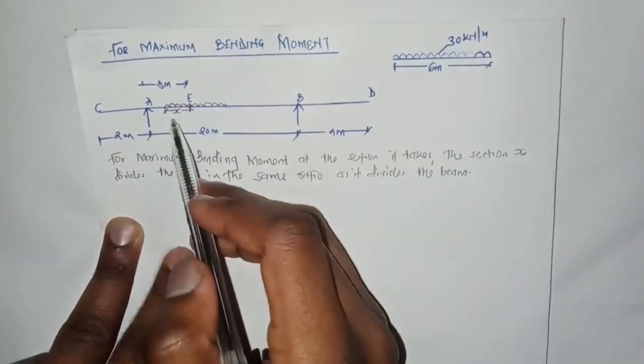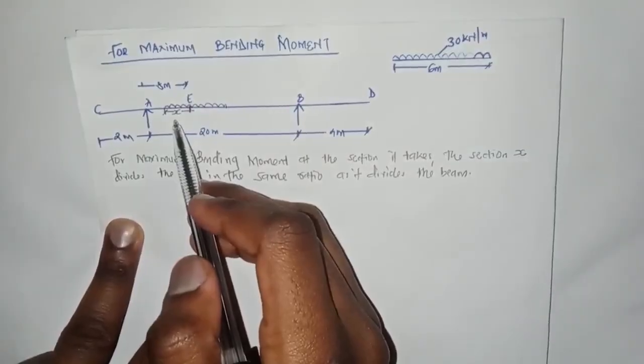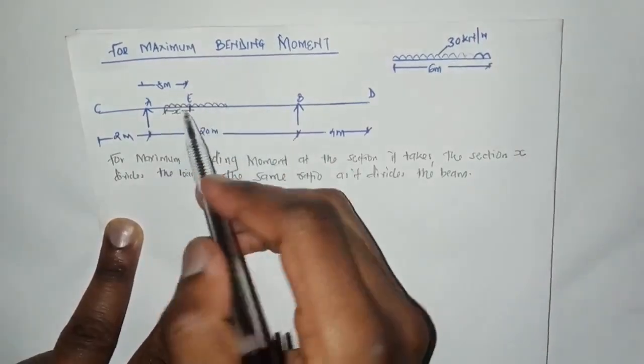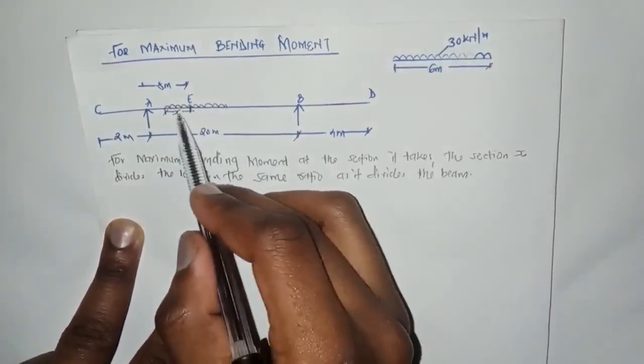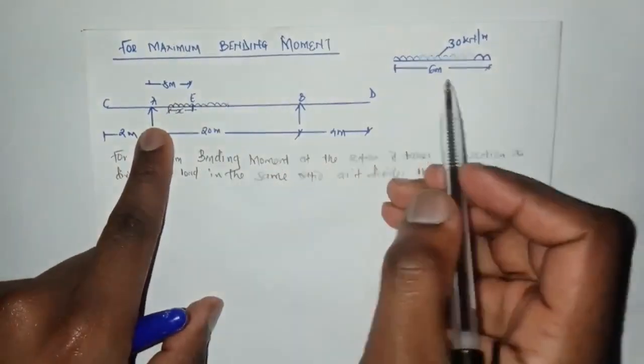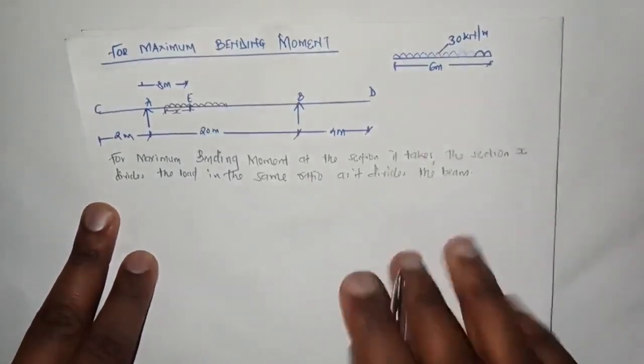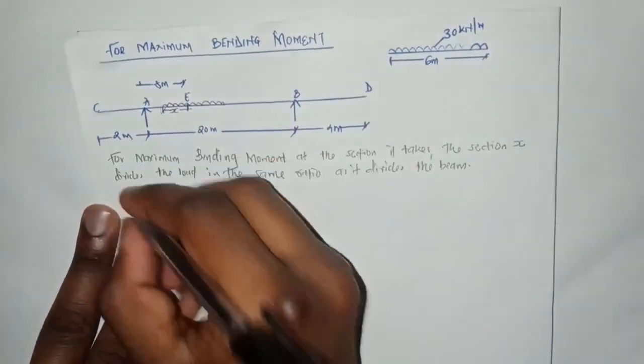We must find X and find the other part, so that we know how the 6 is divided along our whole beam. So it is X.